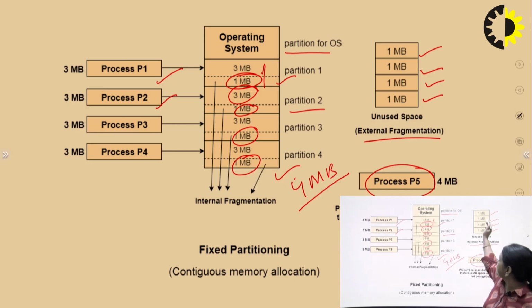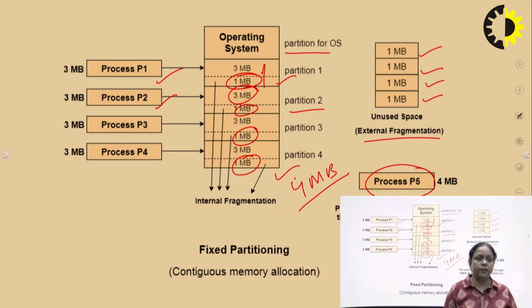We cannot allocate P5 into the memory, even though this much memory is left over. So we can't execute it even though there is 4 MB space available, but not contiguous. This is the main disadvantage.